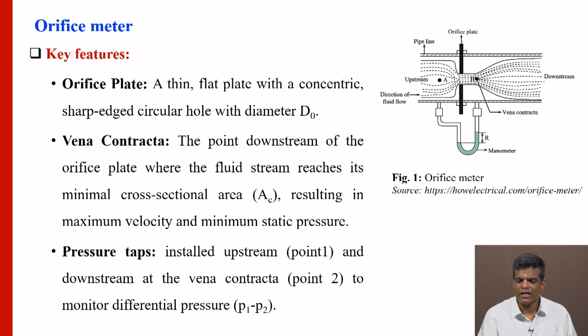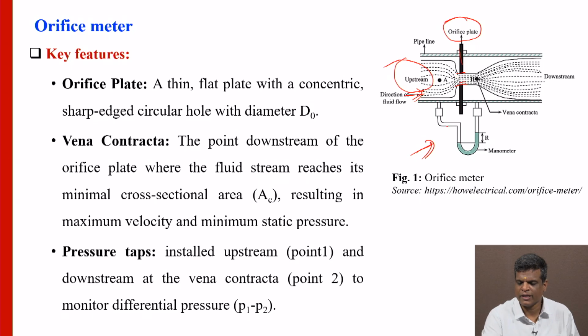In the orifice meter figure given here, this is the direction of flow. Here is the upstream, then the pipeline and the orifice plate. The plate has an opening hole, which we call the orifice diameter.